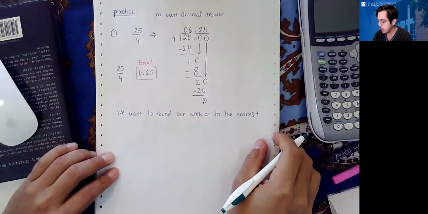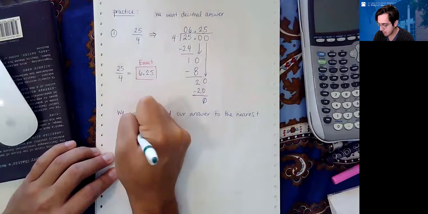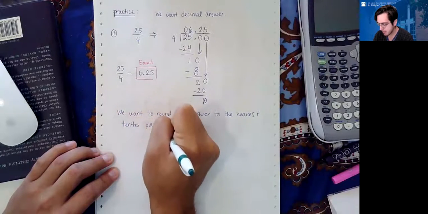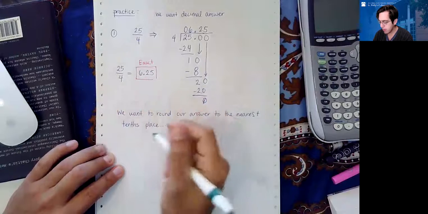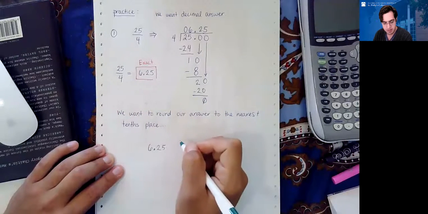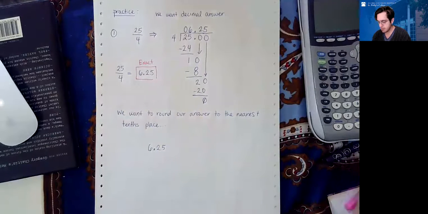Thank you. We want to round our answer to the nearest 10th place. So how would we take 6.25 and round it to the nearest 10th place?